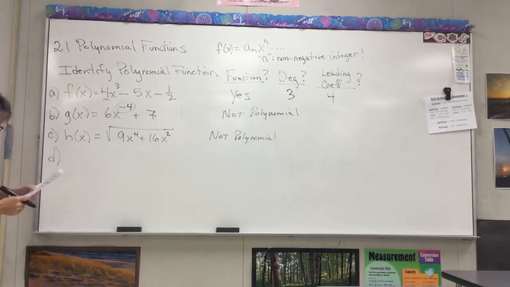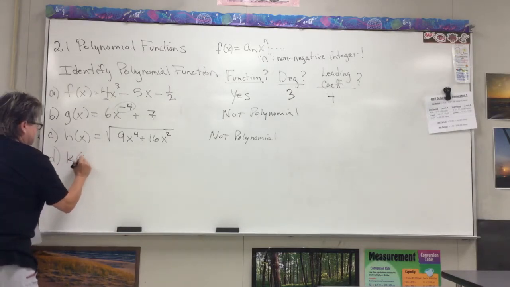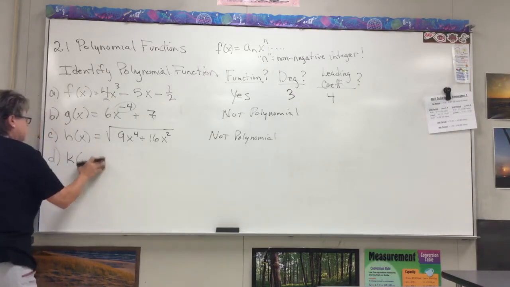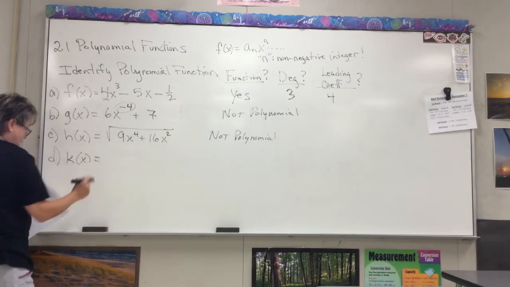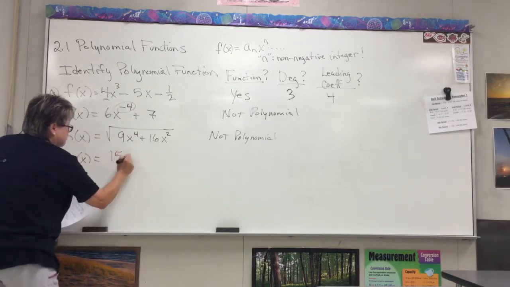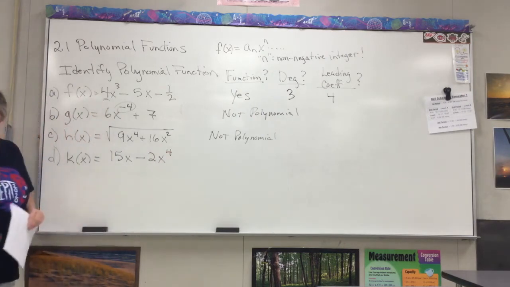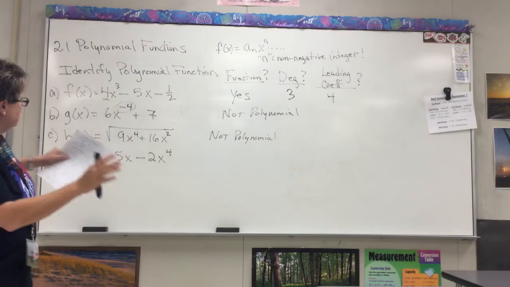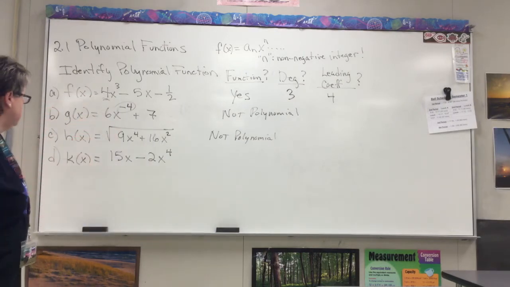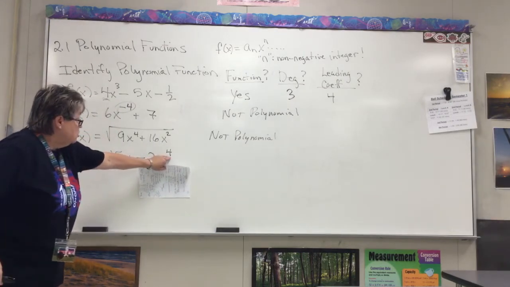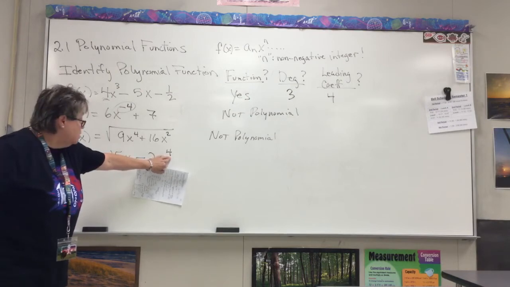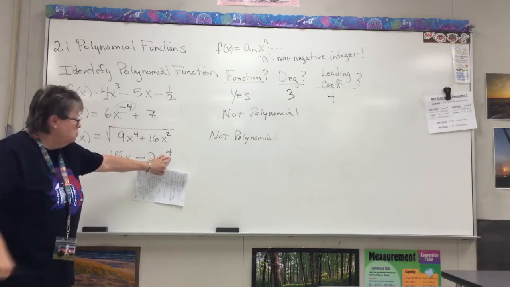All right, let's just do one more just for fun. How about k of x equals 15x minus 2x to the fourth. I'm trying to mess with you just a little bit because I've got our order reversed. The highest exponent here is a positive integer, so we're cool with that.